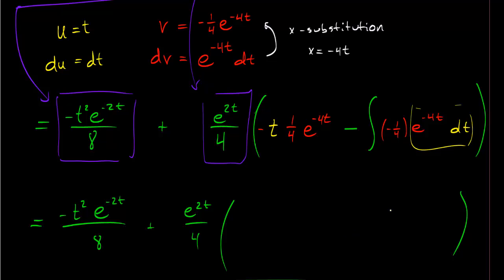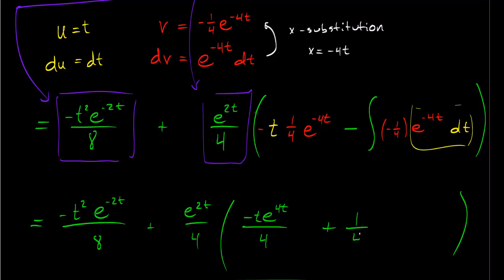So here I'm just going to simplify what's inside of those parentheses a little bit. We're going to end up with, this will become negative t e to the 4t over 4. We've got two negatives here, and that makes a positive.